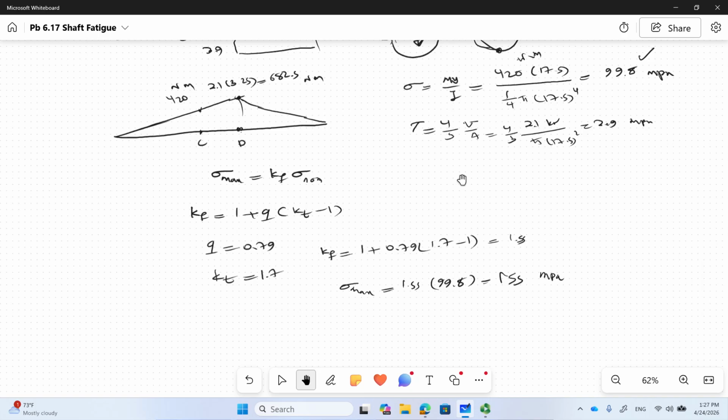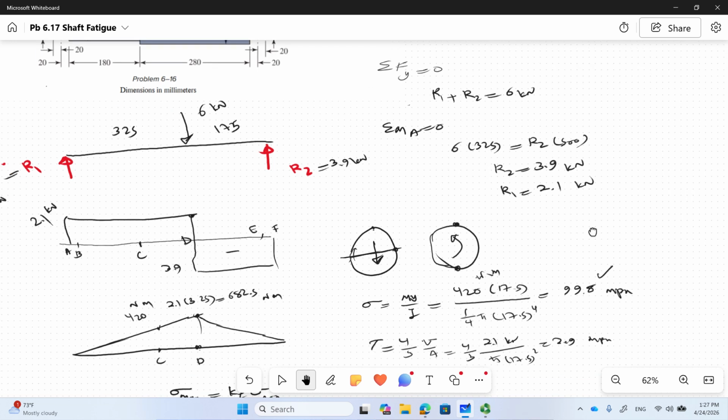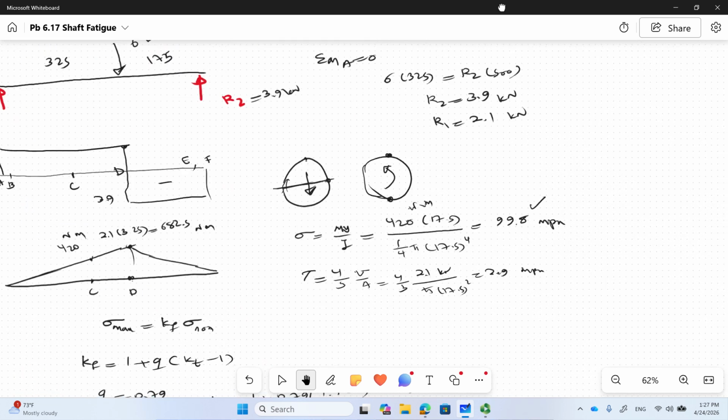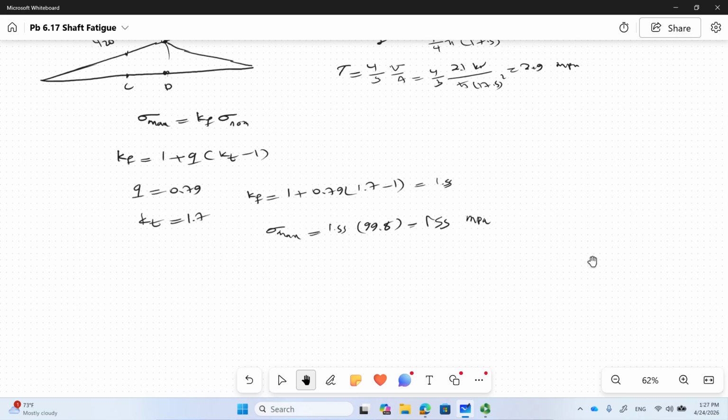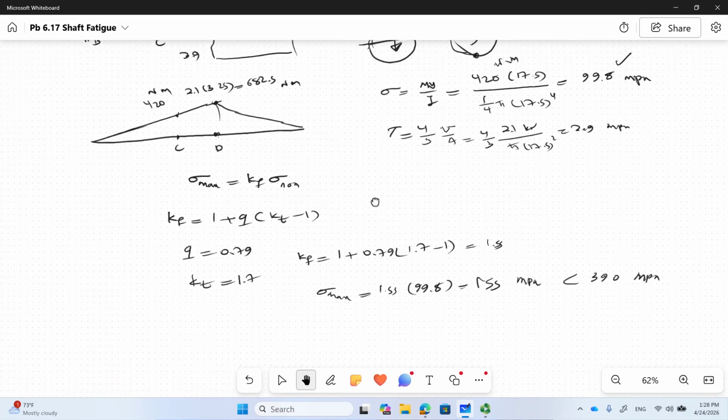So now let's look at what happens. 390 is my yield. This stress, even with the stress concentration, is still less than 390. So what I can say about the yield is that there is no yield, because this is less than that, right? So no yielding occurs. But we want to see whether we have infinite life or not.